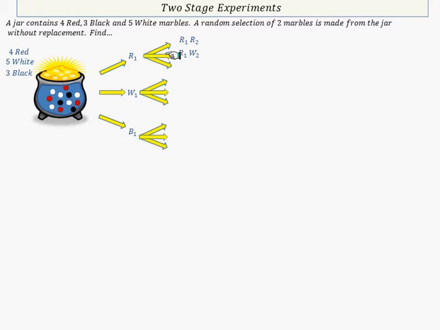But reading from left to right, the tree diagram, we have these combinations coming up, or these sequences. And putting in the probabilities here, 4 red, 5 white, 3 black. And of course, once these are made, then that determines the second selection. It's out of 11. And check these over as we go.